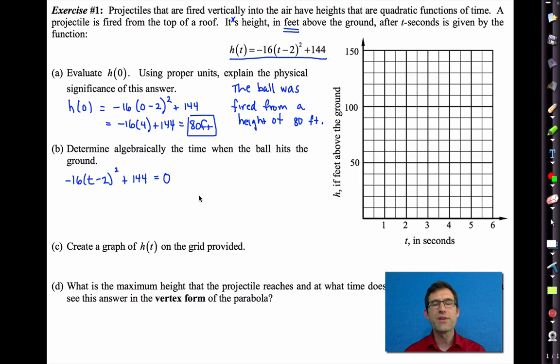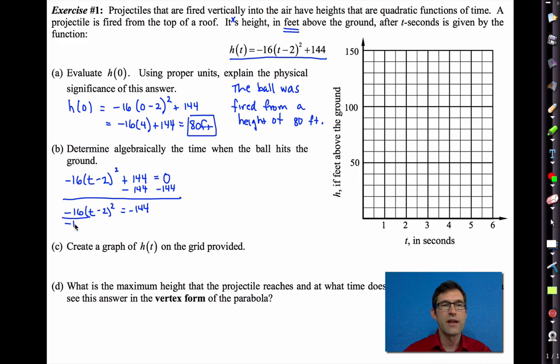We can now solve this quadratic by just simply applying inverses. Remember, 2 has been subtracted from t, then it's been squared, then it was multiplied by negative 16, then we added 144. So we'll begin to solve this by subtracting 144 from both sides, right?